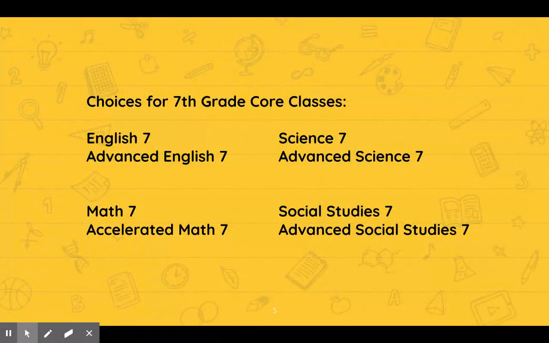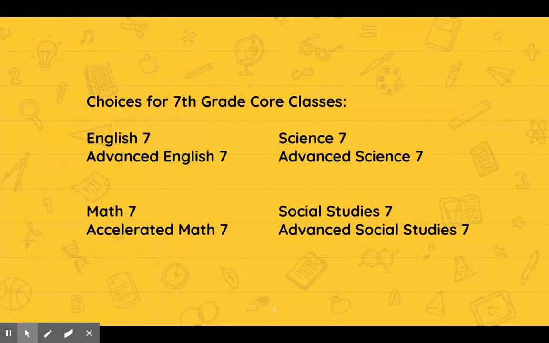Now, English and Advanced English 7, Science 7, Advanced Science 7, Social Studies 7, and Advanced Social Studies 7. These are all pretty normal, kind of like what you had this year. The big difference comes when you're in Math 7. Math 7 and Accelerated Math 7 are what the state adopted as the new standards, and this went into effect this school year.